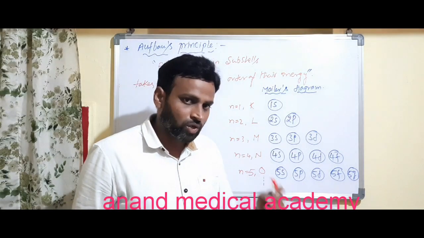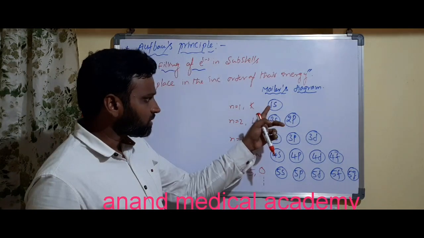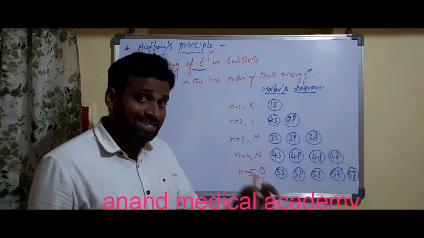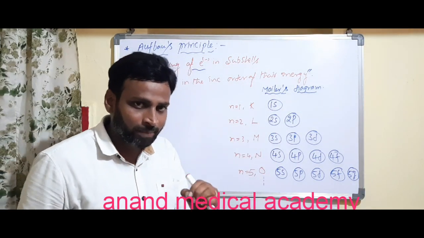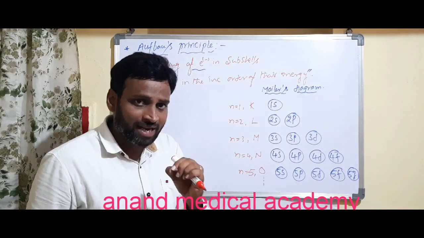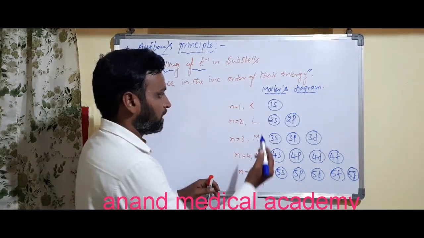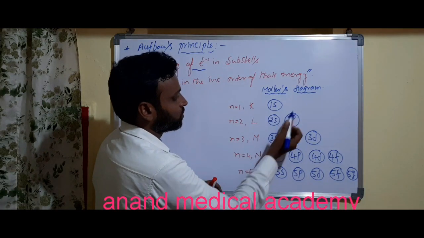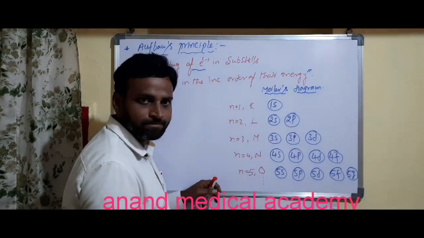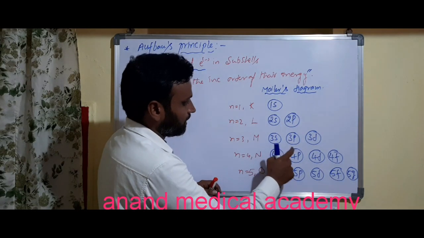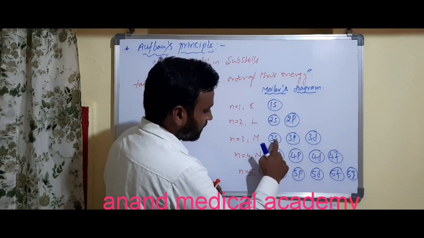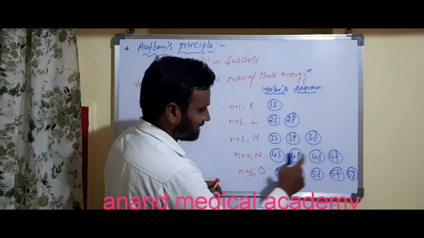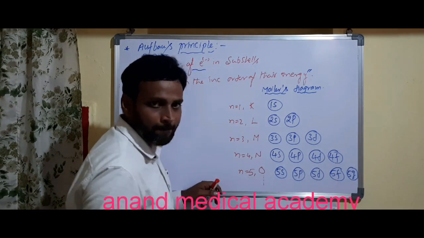What you observed or not, I don't know. Every shell has a new subshell. Repeat: every shell has a new subshell. 1S: here there is no P. Here you have 2P. Here, along with S and P, you have 3D. 3D is new here. Here S is there, P is there, D is there commonly, but 4F is extra.